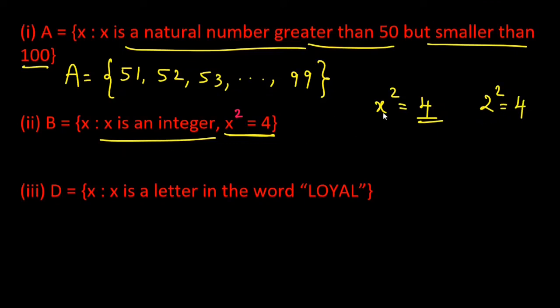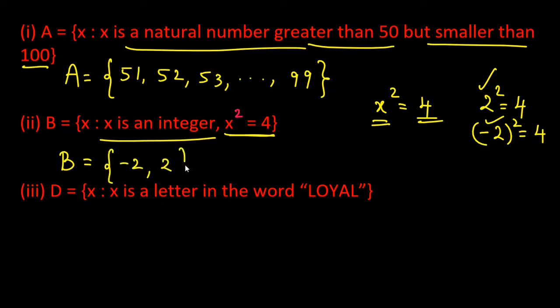But here x is an integer, it can take positive and negative values. So minus 2 square is also 4. So the values of x are plus 2 and minus 2. So B is equal to the set of minus 2 and plus 2. There are only 2 elements.